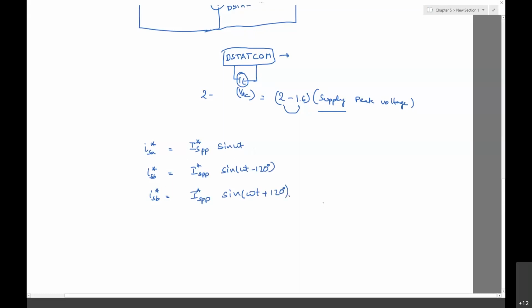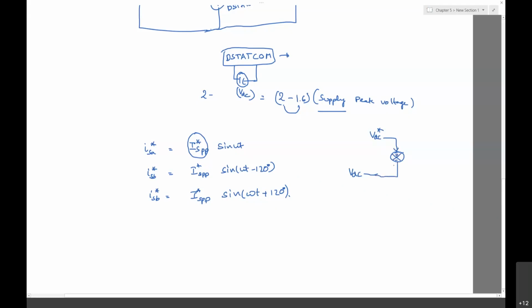How we have calculated this is, this is the VDC star, and then we compare it with the actual measured VDC voltage, and with respect to this we try to find out the error, with minus over here and plus over here.